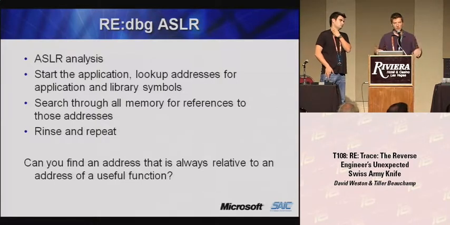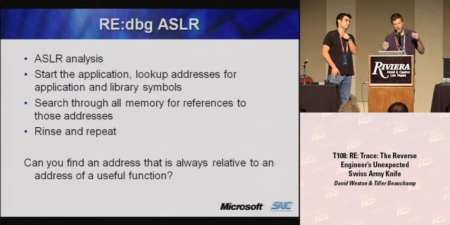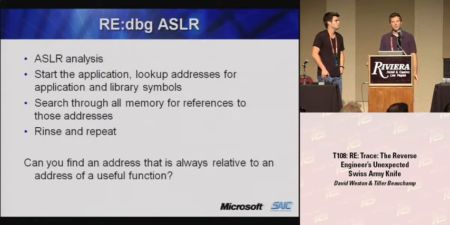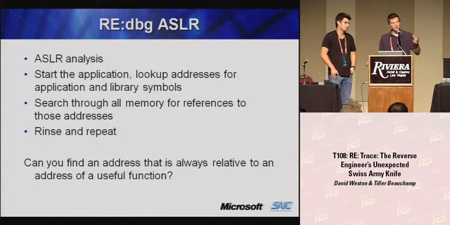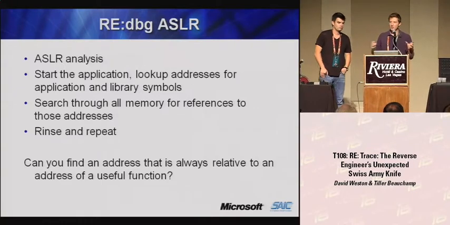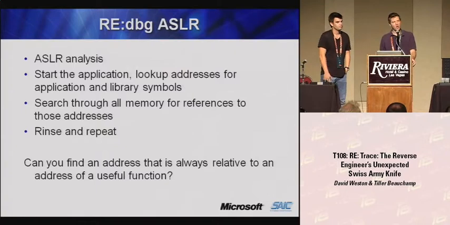But these addresses will be randomized, or they should be, after each run. So you search memory for some sort of function pointer to one of those addresses. And then you restart the application after it's been randomized, and you search again for references to those same functions. So you try and find some spot in virtual memory that always contains a pointer to that randomized address. So this is the sort of task that you could also automate with this framework.